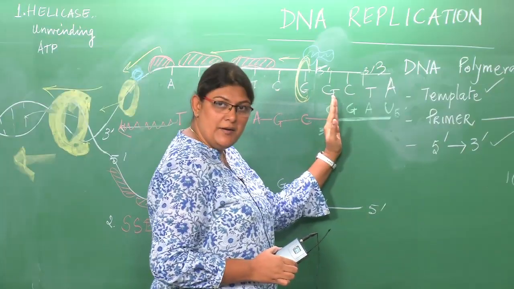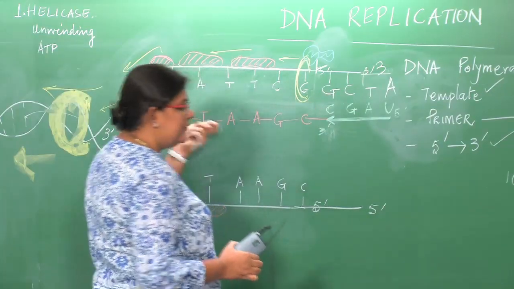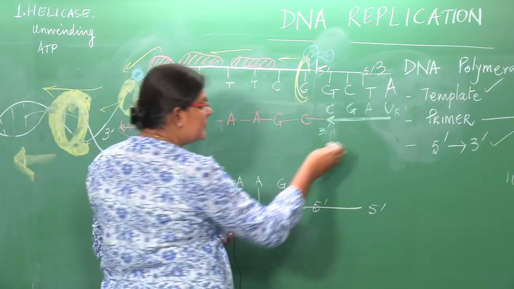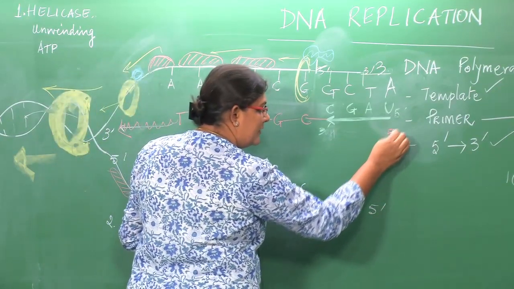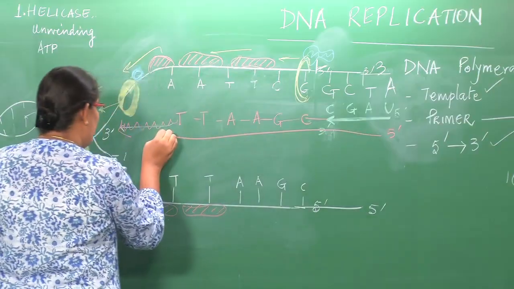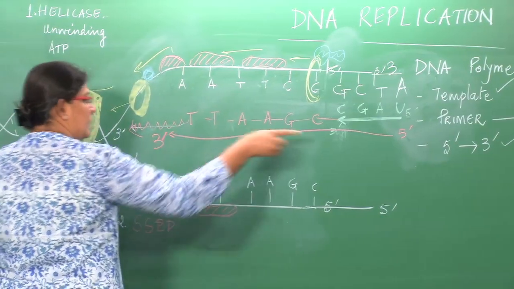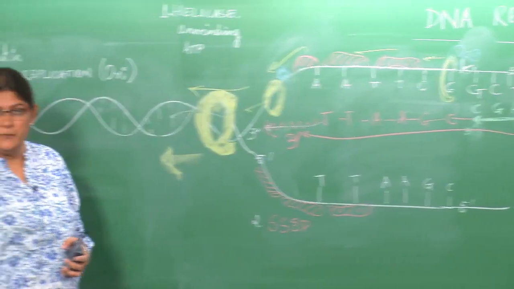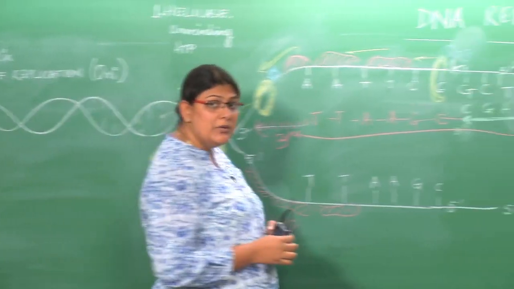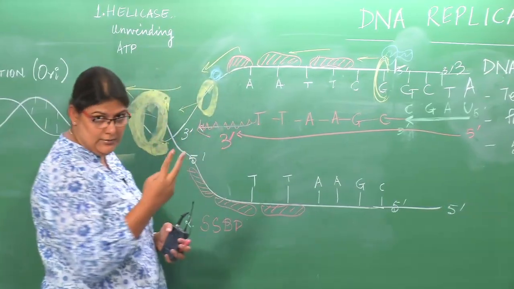Once the primer is there in the vicinity, the DNA polymerase hops along and starts to polymerize in the direction of 5 prime to 3 prime. Okay. Now, what you notice here is two things.